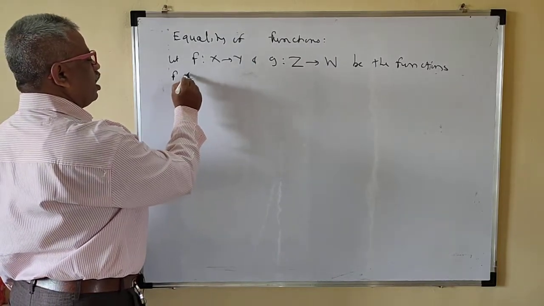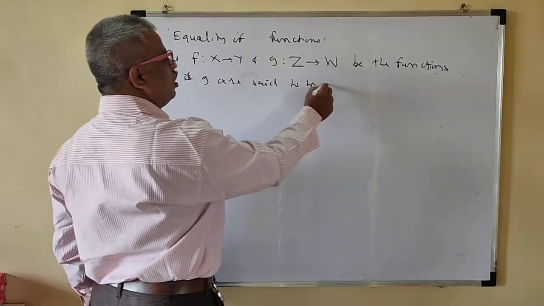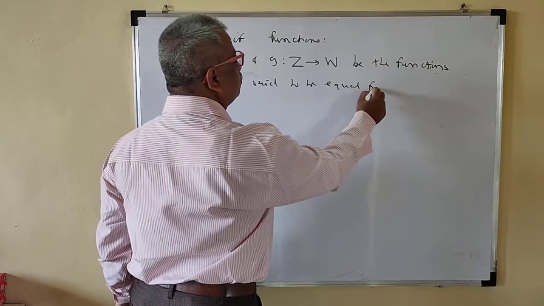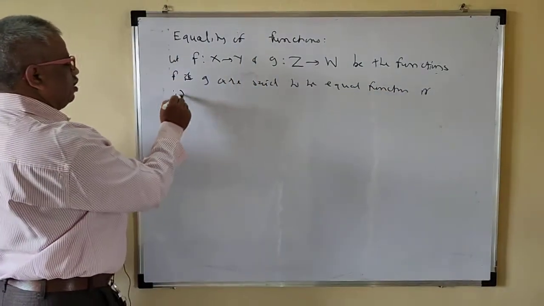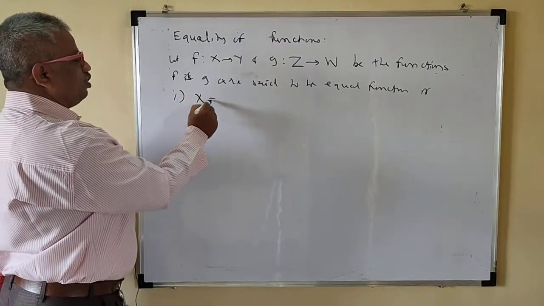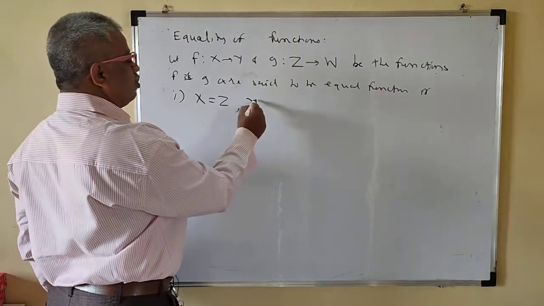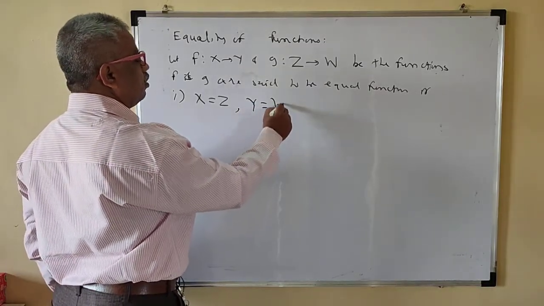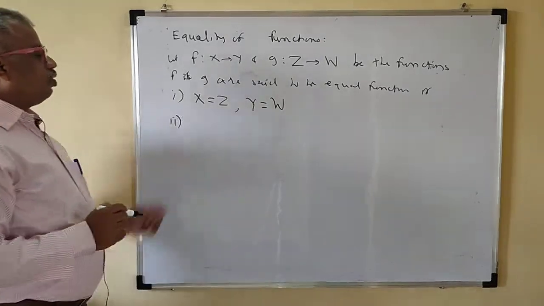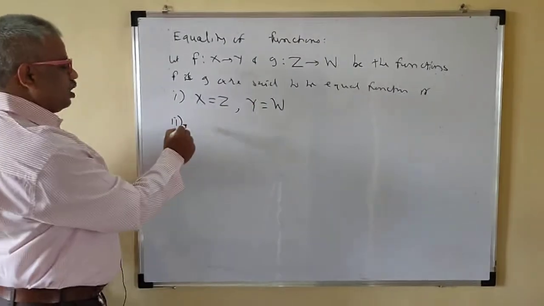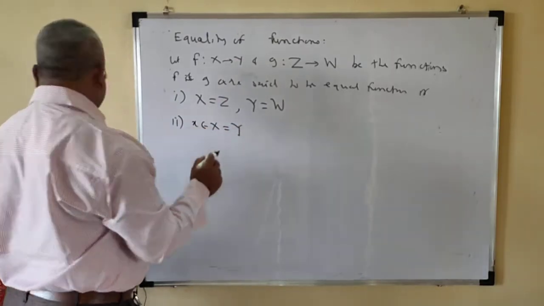F and G are said to be equal functions if, first, their domain is the same and their codomain is also the same, that is X is equal to Z and Y is equal to W.